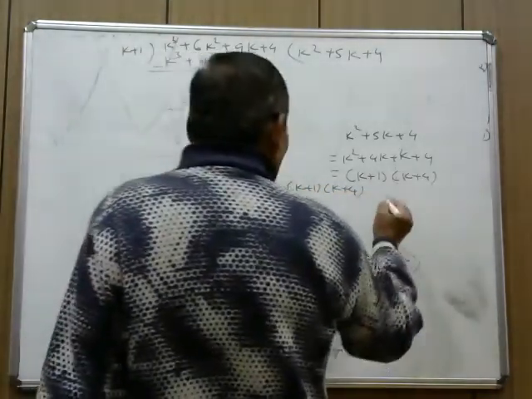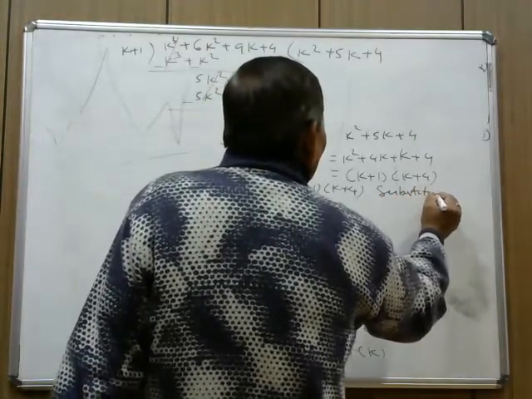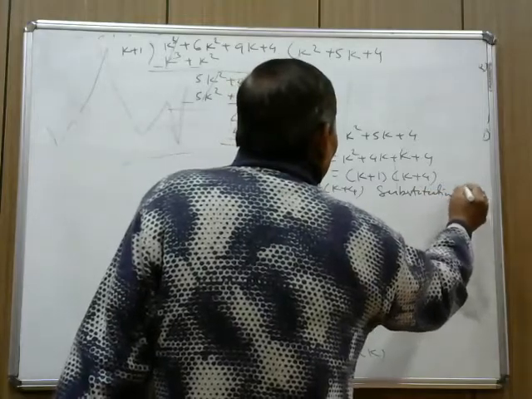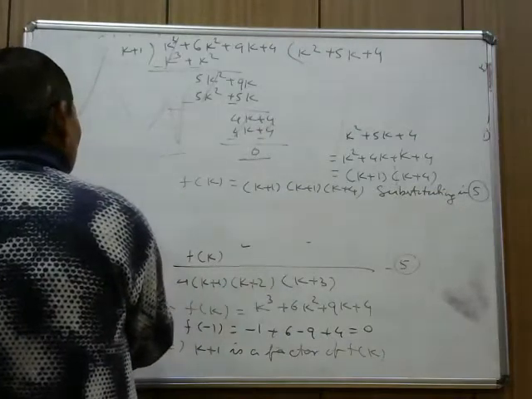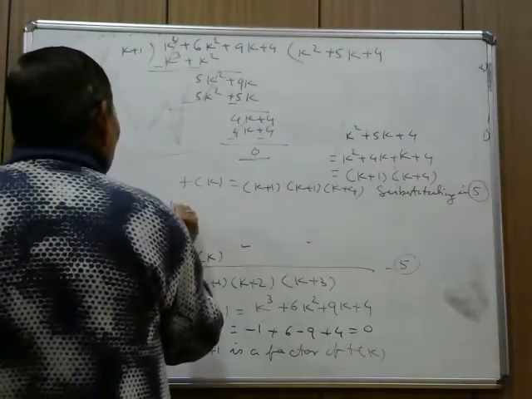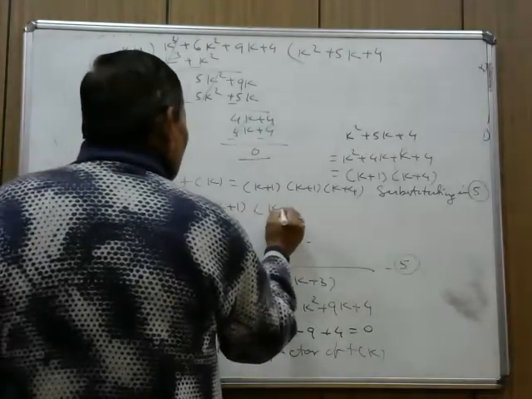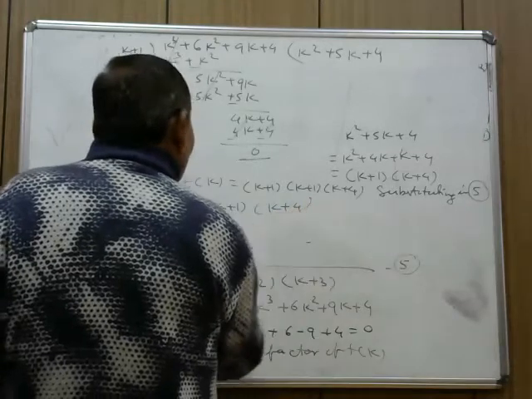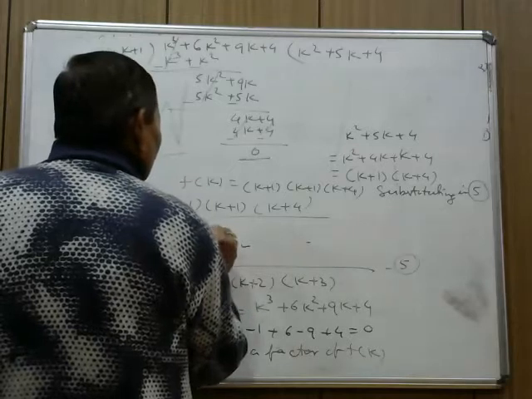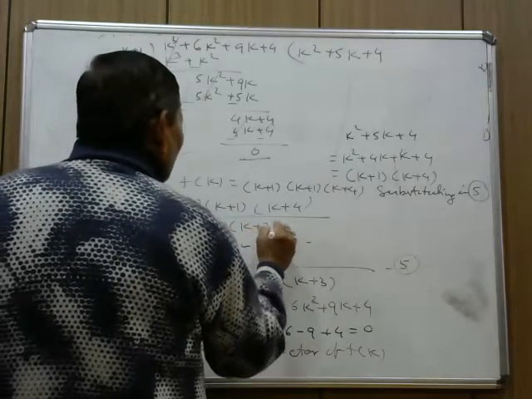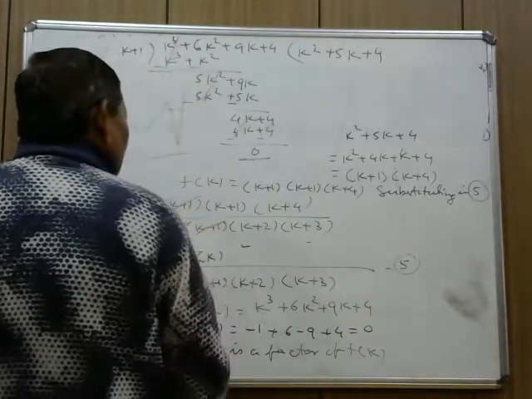So substituting in 5, we get P of k plus 1 is equal to k plus 1, k plus 1, k plus 4 upon 4 into k plus 1, k plus 2 into k plus 3. So one k plus 1 will be cancelled.